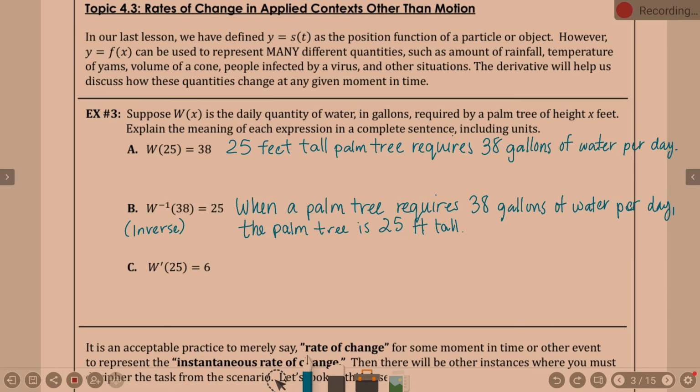The amount of water needed daily is increasing at a rate of 6 gallons per foot. Not the velocity is increasing 6 feet per whatever. Okay, so when the palm tree is 25 feet tall.